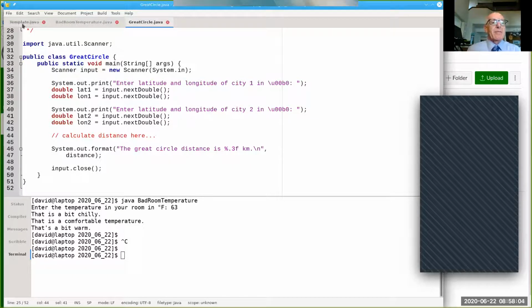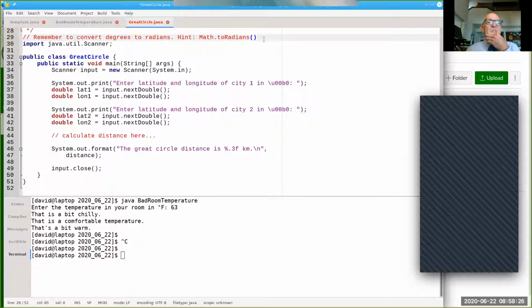And again, this thing here is the degree sign.